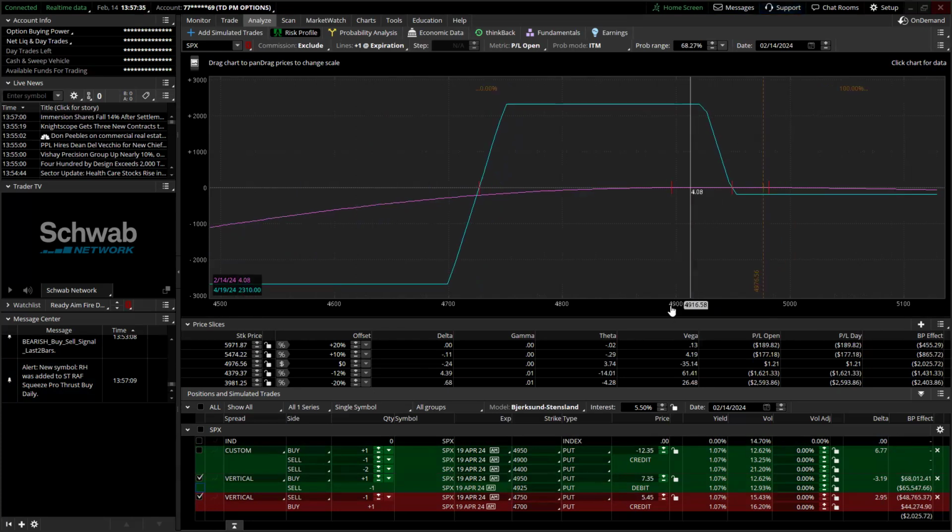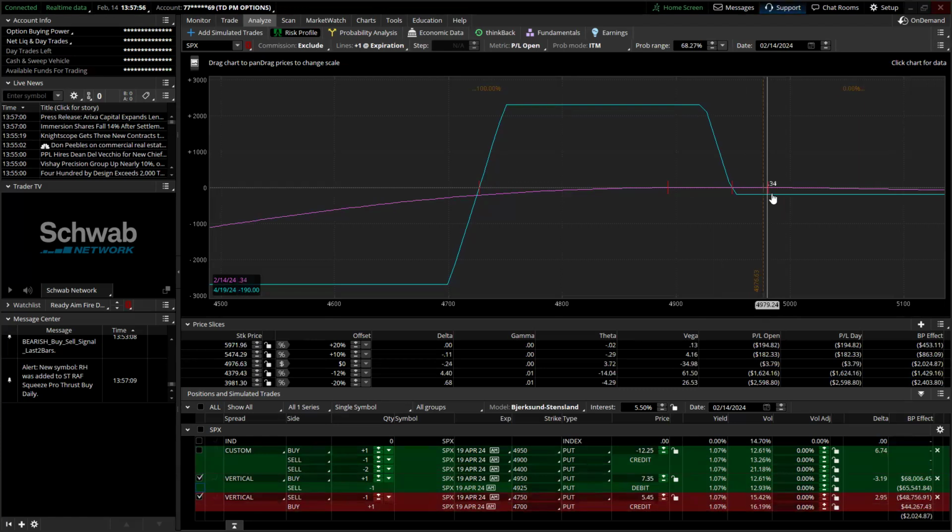So we can see that this trade is put on for a net debit. We have a debit spread of $7.40, and we have a credit spread for $5.40, which will give us a net debit of about $2.